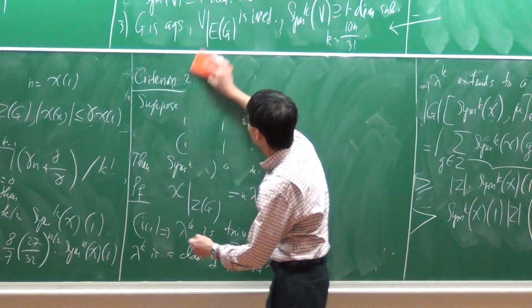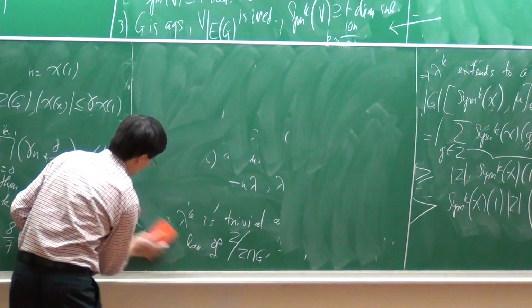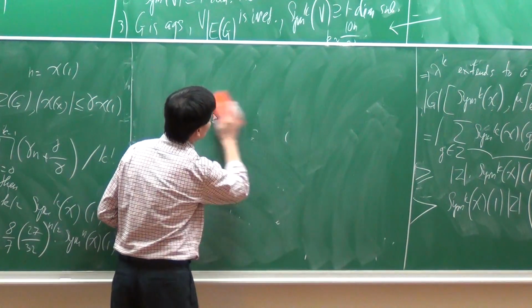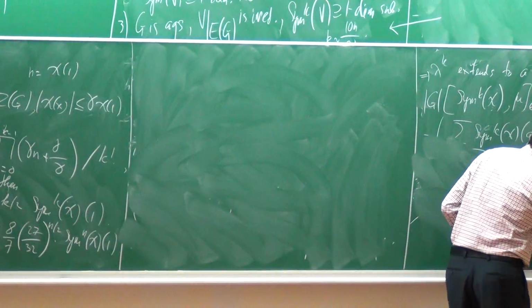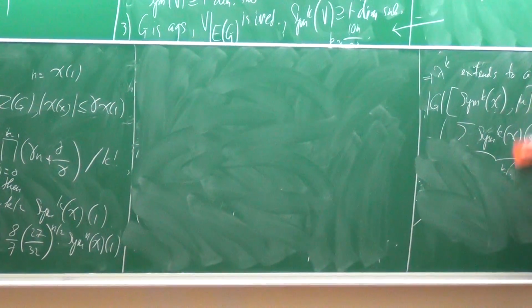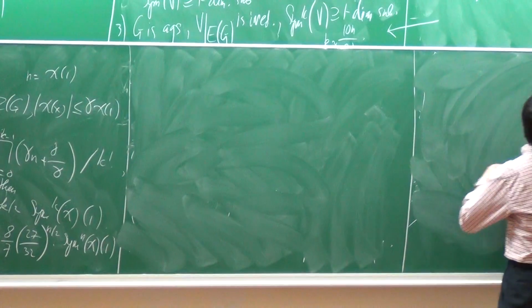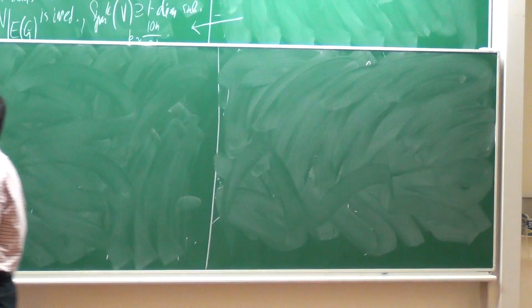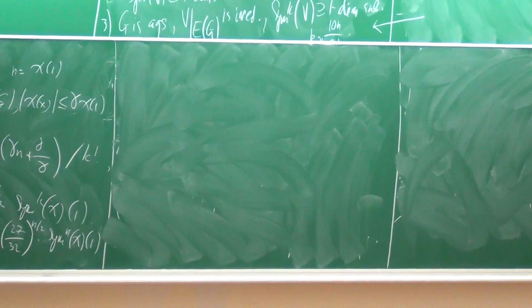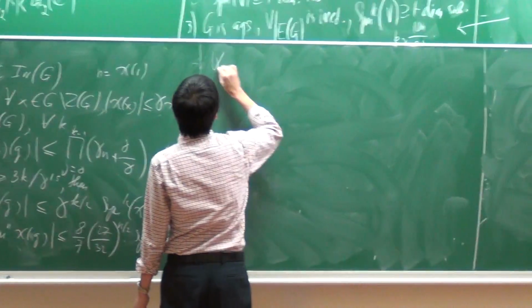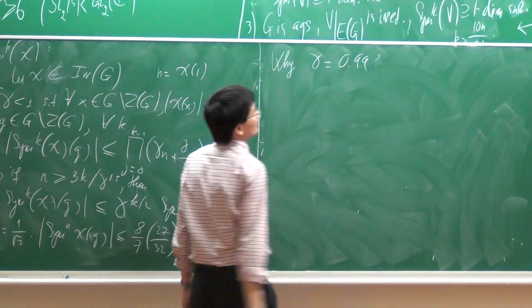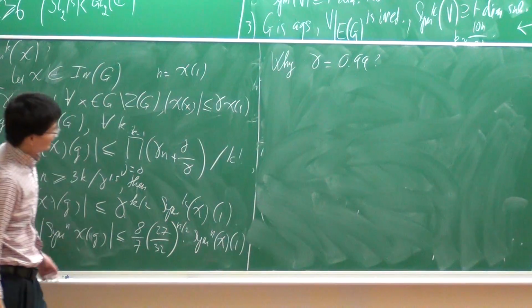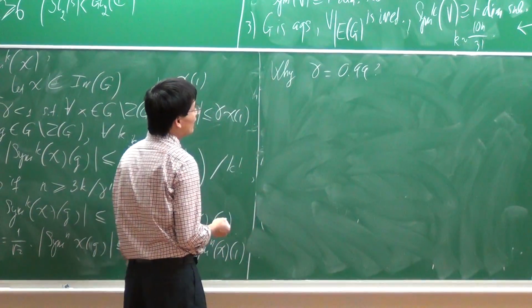So why can I take gamma to be 0.99? There's a great result by Liebeck and Shalev.